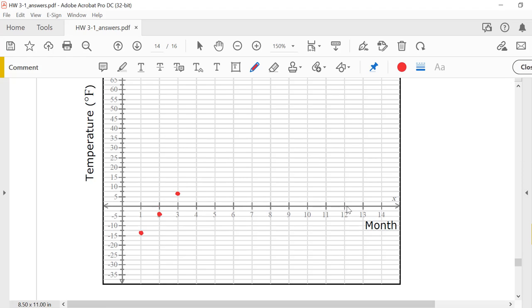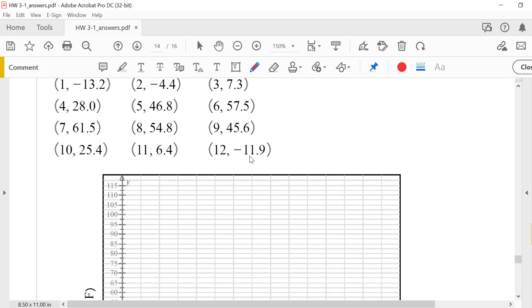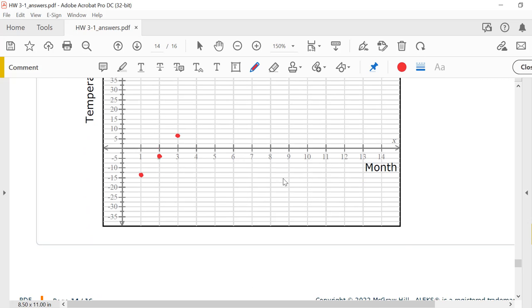And you're going to keep going all the way to 12, negative 11.9. There's negative 5, negative 10, so negative 11.9 is going to be about right there.